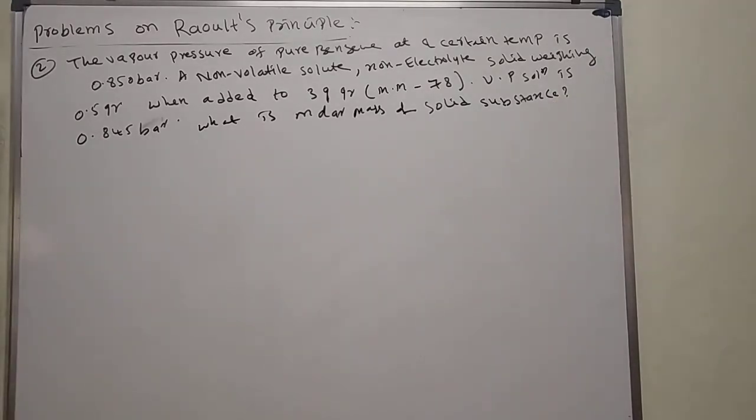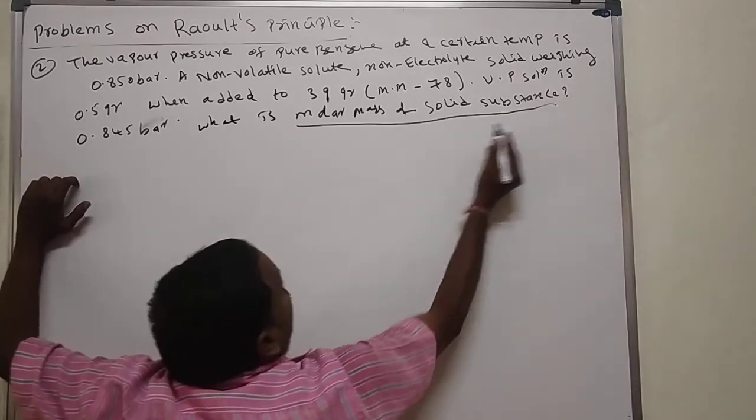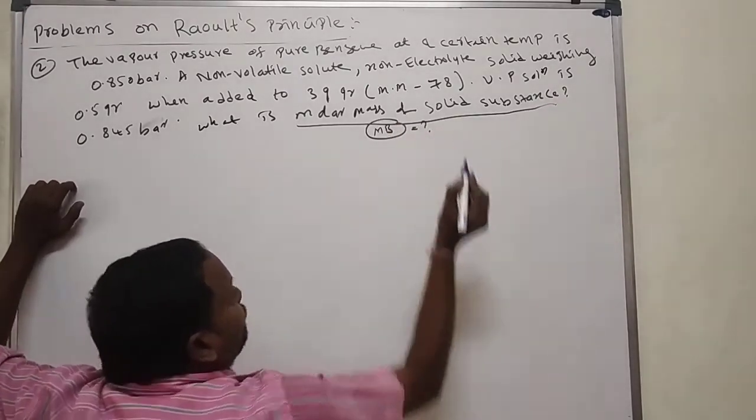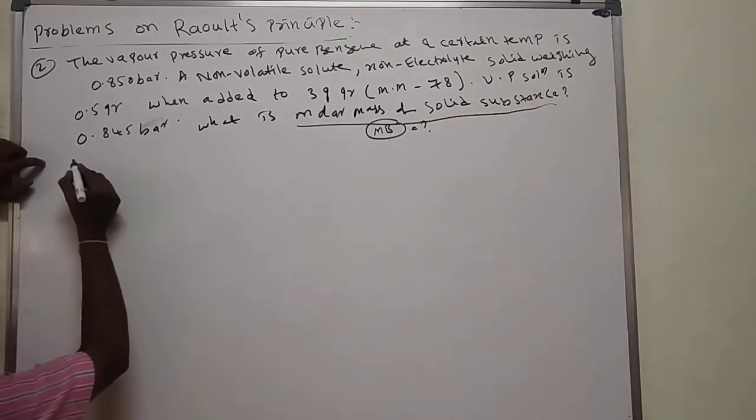This is the problem. Calculate molar mass of solid substance means molar mass of solute. You should calculate the MB. How to calculate the MB? We'll see. What is the principle here?